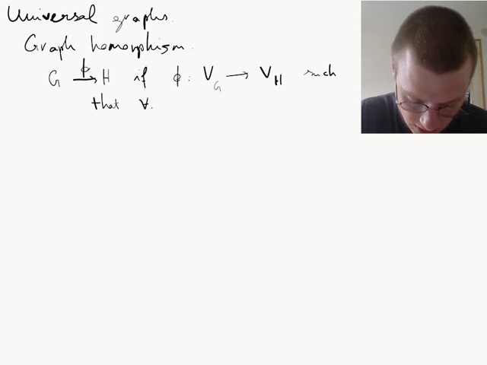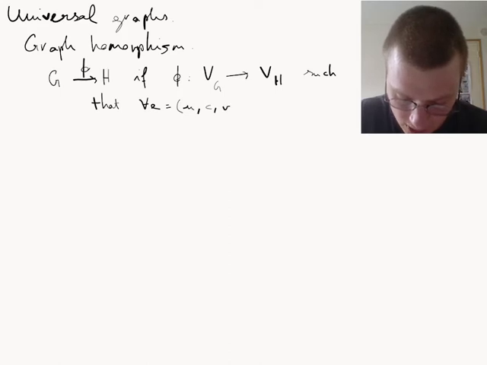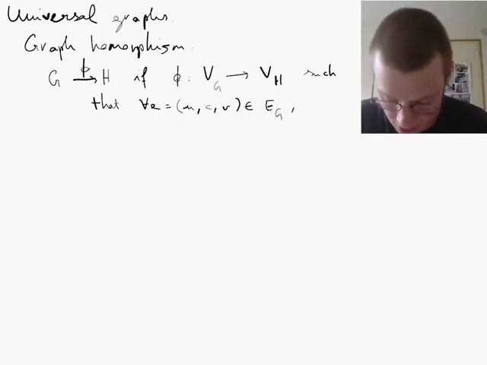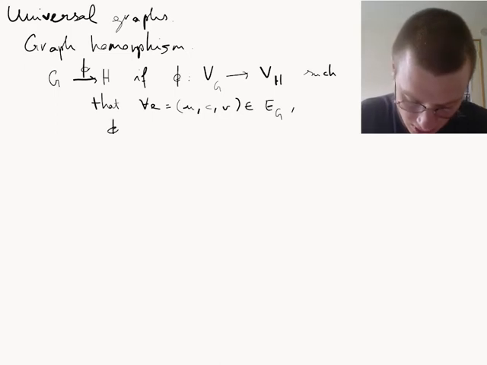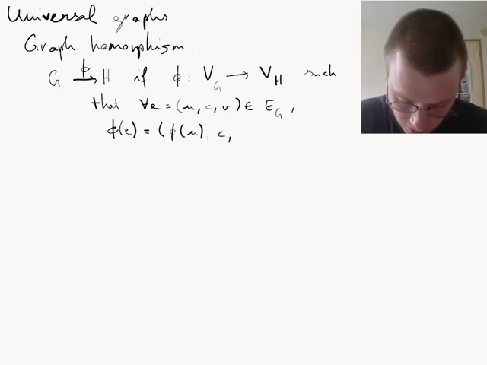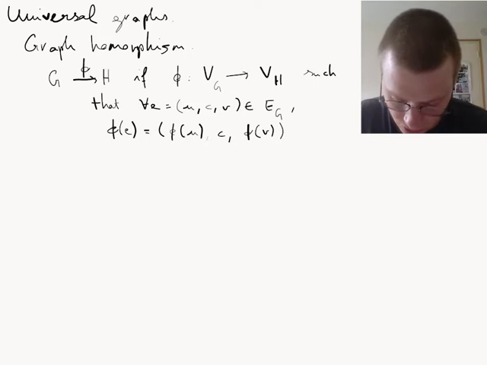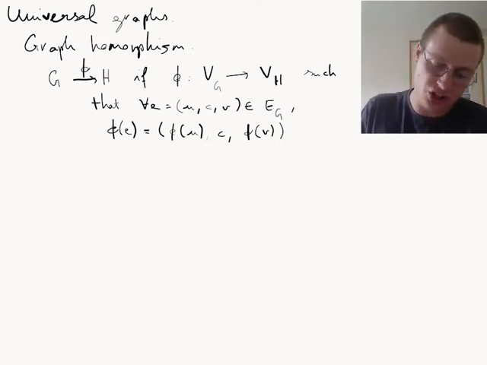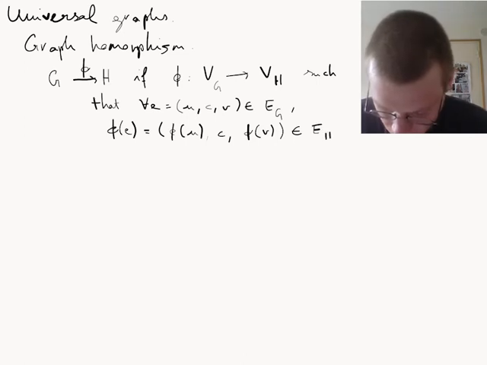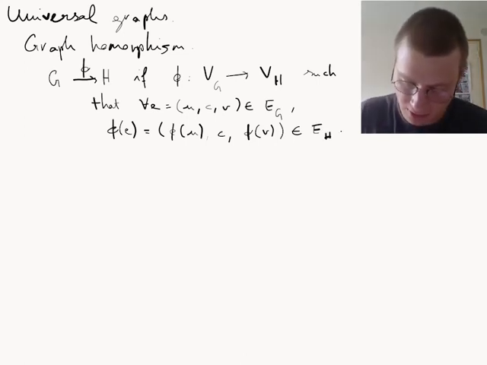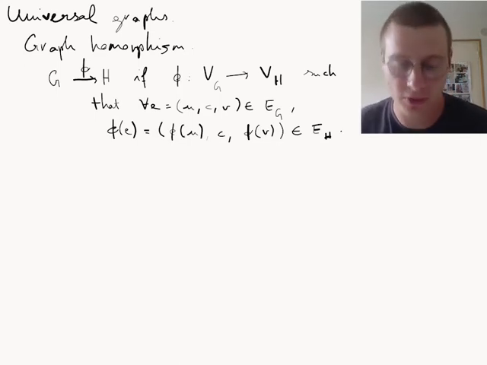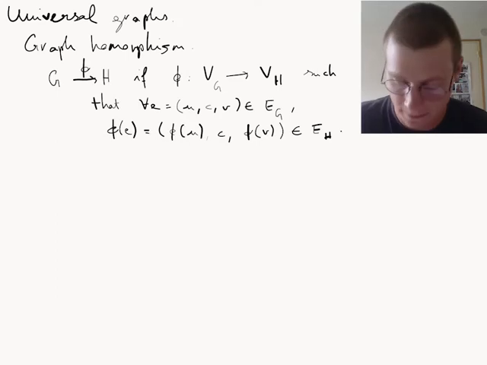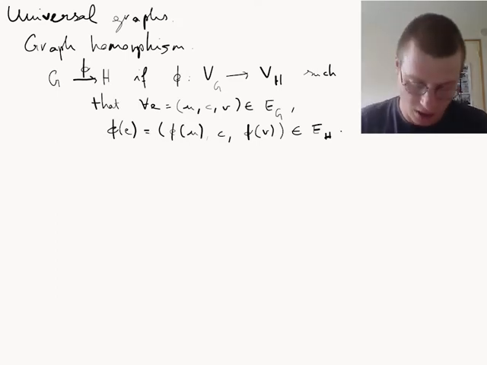This means that for each edge e of my source graph G, say from u to v with color c, it should be that phi of e, defined as the edge from phi of u to phi of v with color c, belongs to the edge set of H. So this is a graph homomorphism. It doesn't need to be injective.